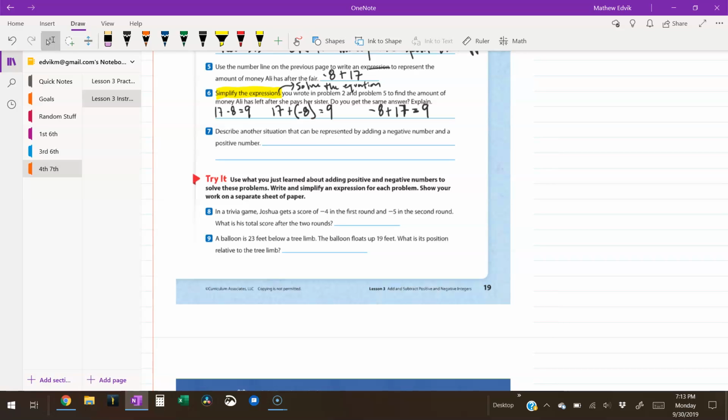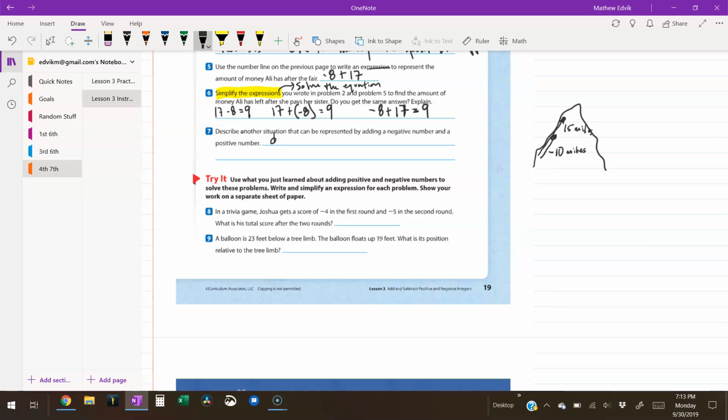So if I was on a mountain, so if I draw my mountain over here, and I started here and I drove down, which would be like, let's say I drove down -10 miles, but then I drove back up another 15 miles, I would end up 5 miles further up the mountain.